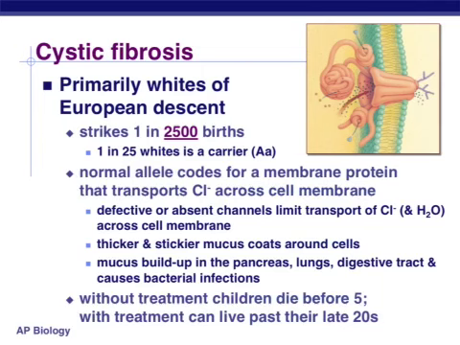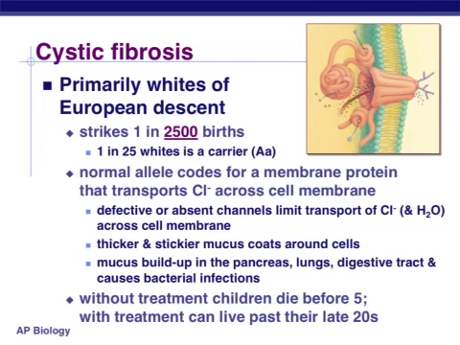Normally, the allele that codes for our membrane protein that transports chlorine back and forth across the membrane, if the allele is healthy, then those channels work and we don't have any issues. But we can have defective or absent channels, which will limit how many chlorine molecules we can move and also how much water we can move, which results in mucus buildup that's really sticky and really thick, and then that mucus is going to become an attractive place for bacteria to grow and cause lots and lots of bacterial infections.